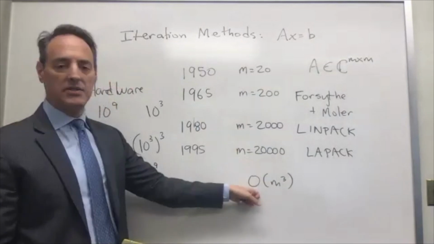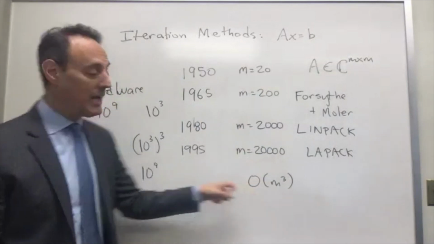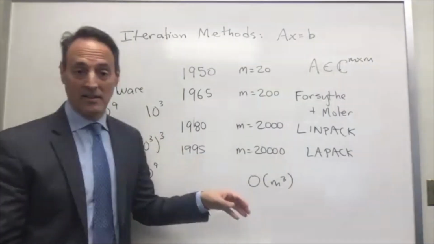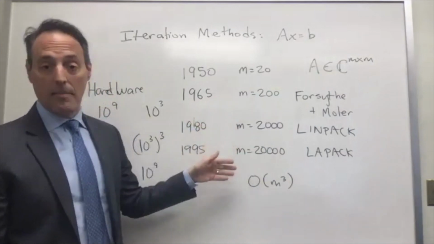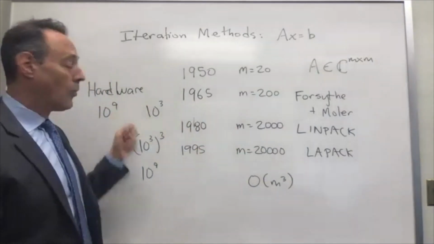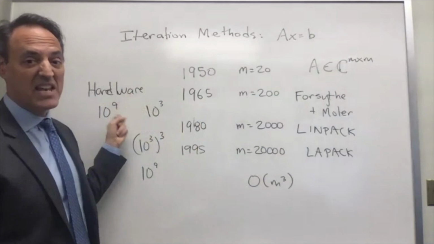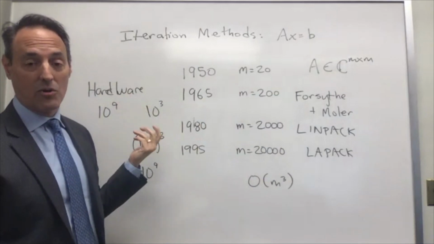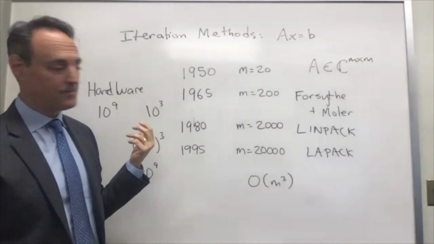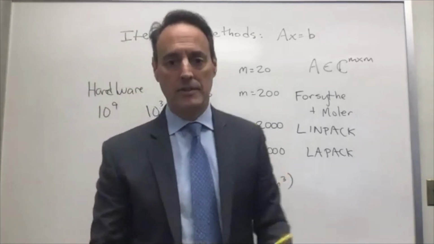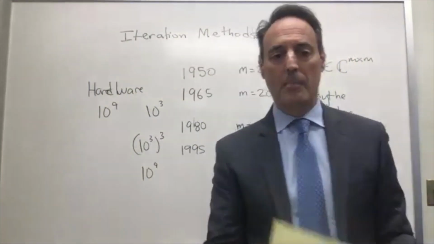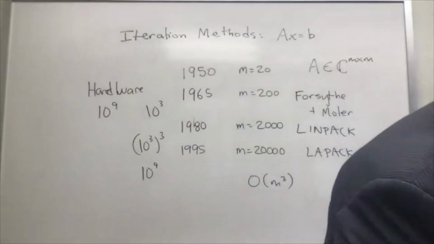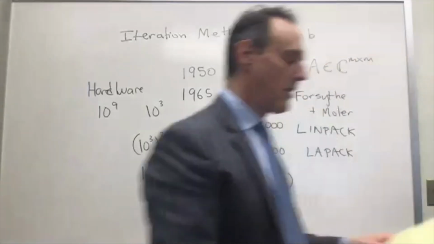Because as long as this is sitting there, every time you want to go up 1 order of magnitude, you're going to have to do 10 to the 3 orders of magnitude in your hardware development. Okay, that's a really tough thing to keep up with. So you really want to get around this 10 to the 3.